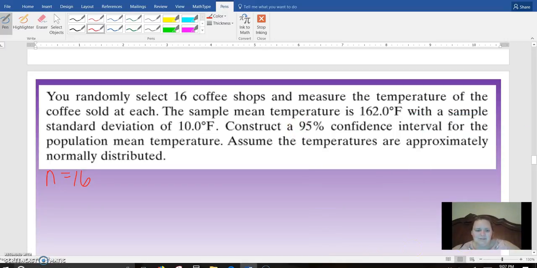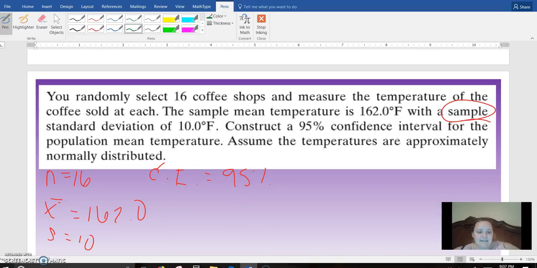Okay, the sample mean is 162.0. The sample standard deviation is 10. Our confidence level is 95%. So if n, our sample size, is 16, that means that our degrees of freedom are 15.